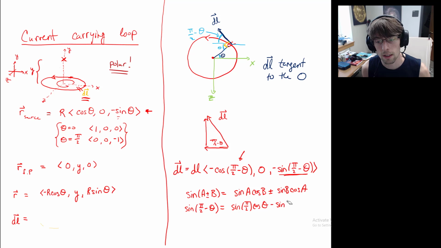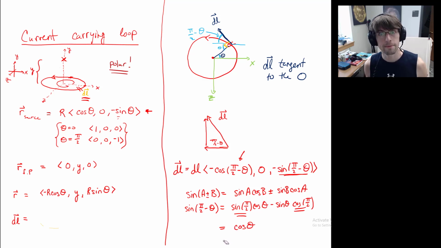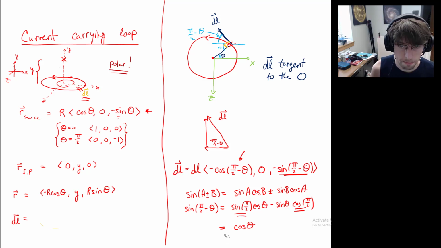You say sine of theta cosine of pi over 2. But sine of pi over 2 is 1, and cosine of pi over 2 is 0. So this whole rigmarole gives me cosine of theta. Let's do the other one.